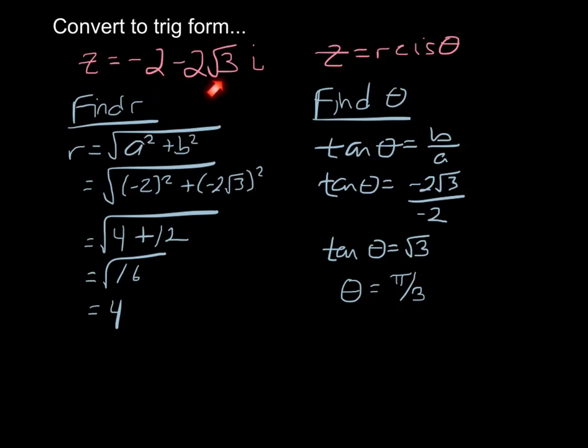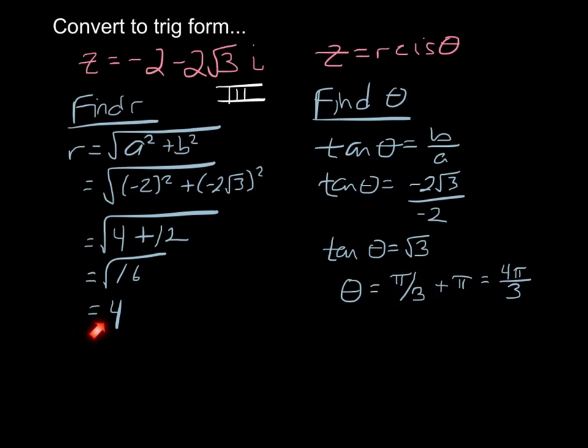But our number up here, a is negative and b is negative, so this is actually in the third quadrant. So to find a third quadrant angle that has a reference angle of pi over 3, take that reference angle, we're going to add pi to it, and we end up with 4 pi over 3.